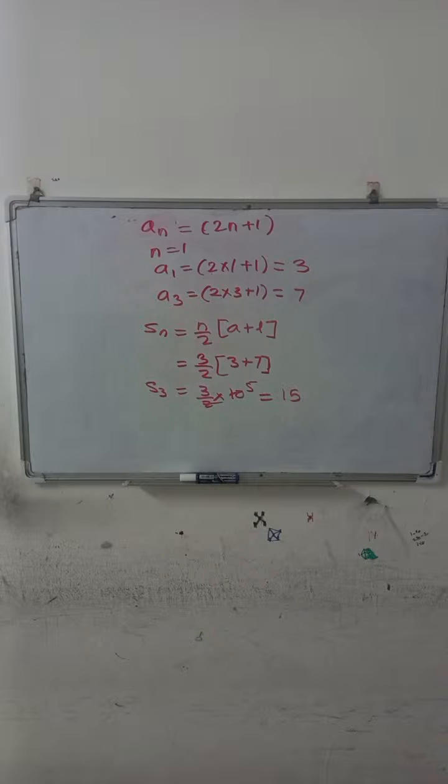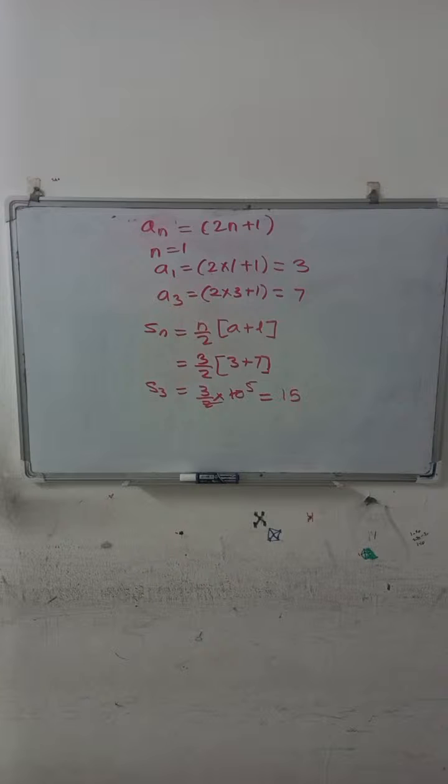If the first term of an AP is minus 5 and the common difference is 2, then find the sum of first 6 terms.